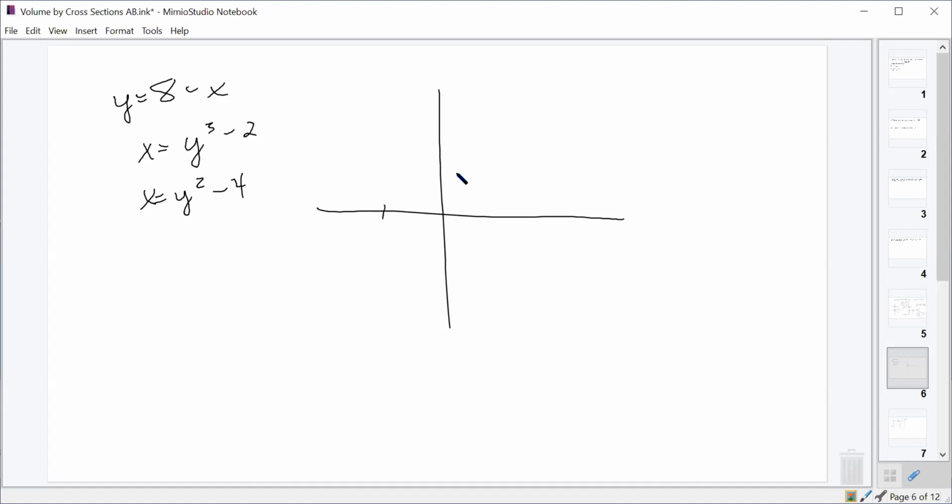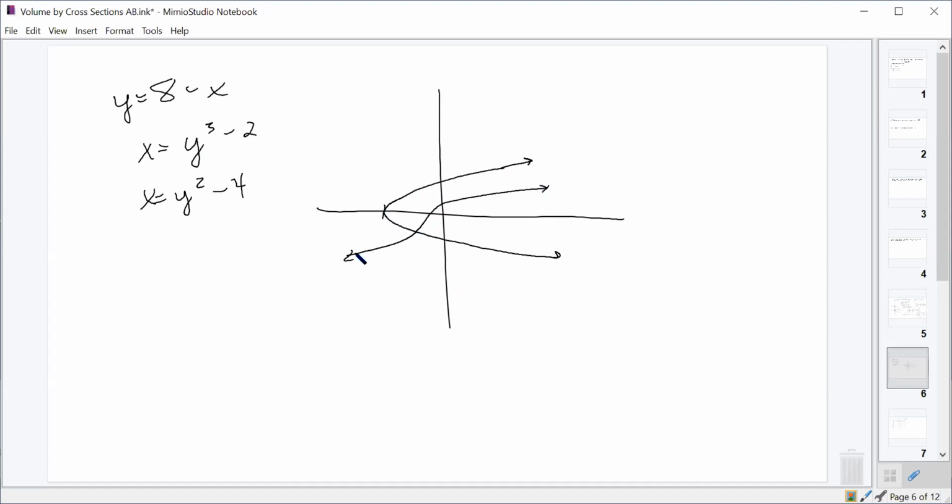Well, y squared minus 4 is just a parabola. And y cubed minus 2, it should look about like that.